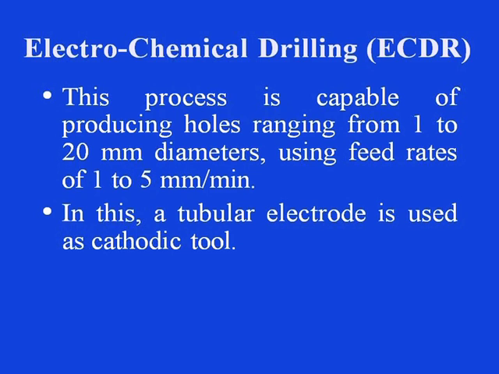Then another variant is electrochemical drilling, also called ECDR. This process is capable of producing holes ranging from 1 to 20 millimeters in diameter using feed rates of 1 to 5 millimeter per minute. In this, a tubular electrode is used as the cathodic tool.